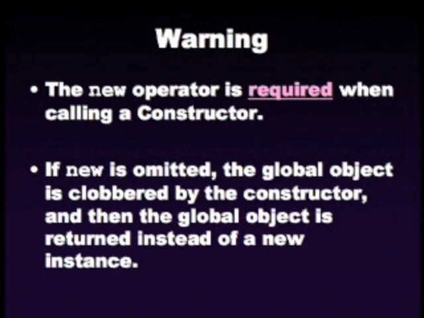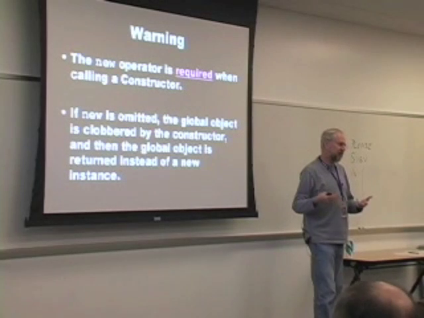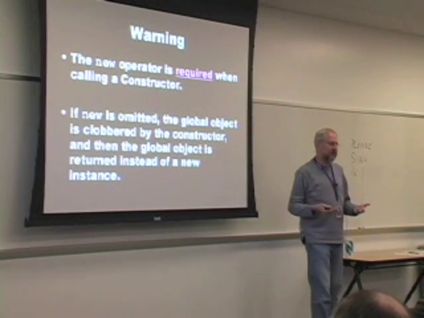One thing that's really dangerous about this pattern is that if you write a constructor which has to have a new prefix, but the programmer forgets to include the new prefix, bad things happen. It gets called as a function rather than as a constructor. So this, instead of pointing at the new object to be customized, is pointing at the global object, because that's what happens in the invocation pattern.